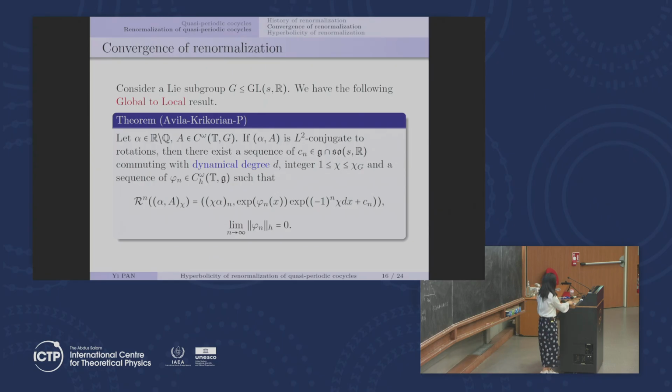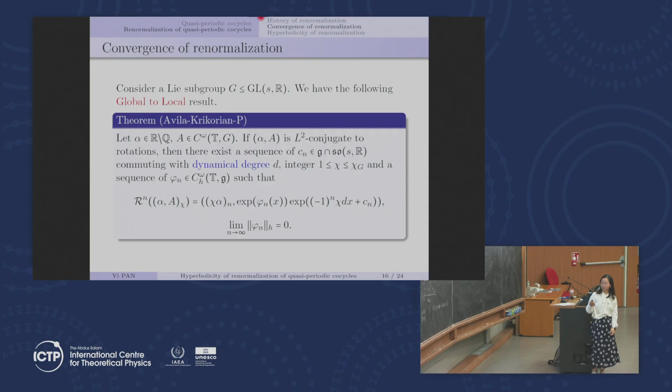And with all this background, now we can finally move to our results. It has been studied for SU2 or SL2R, and here the result holds for quite general Lie groups, which we view as subgroups of GL, the general linear group.